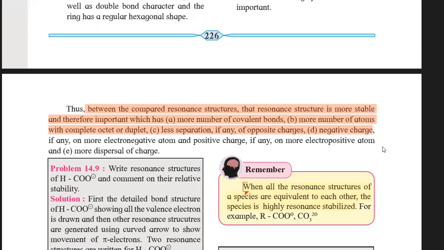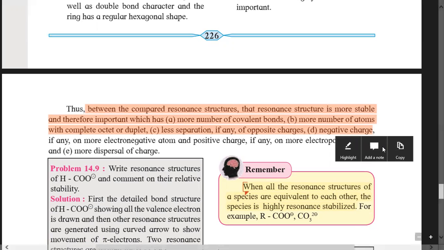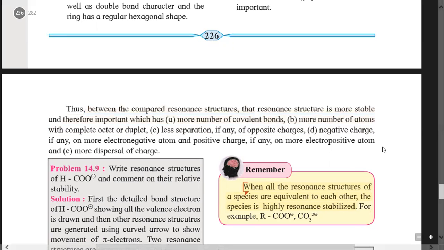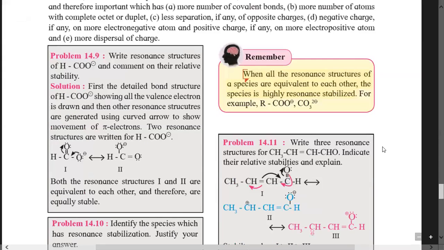Negative charge, if any, should be on a more electronegative atom, and positive charge on an electropositive atom, with more dispersal, that is, less separation of charge. So these points are important while writing resonance structures of molecules.